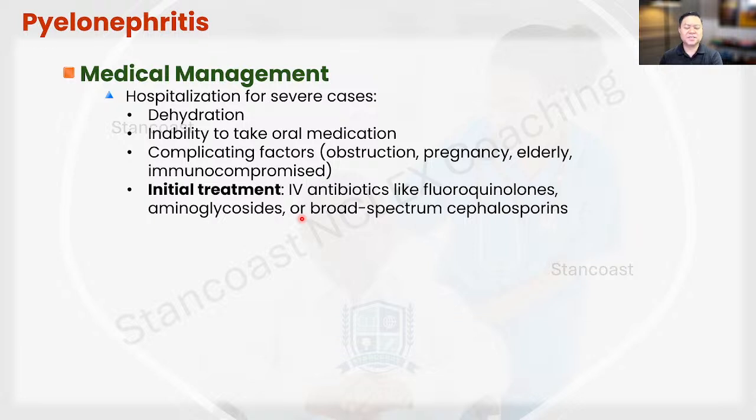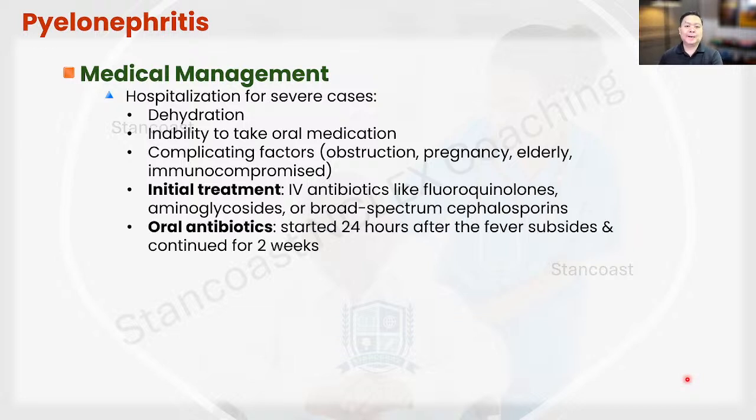And this is something that can be adjusted as well based on the succeeding urine culture and also the sensitivity testing. Now, the treatment will transition to the administration of oral antibiotics once the patient is much more stable.